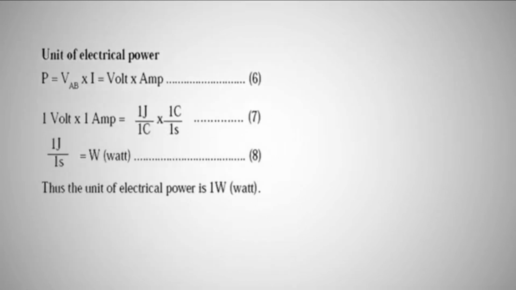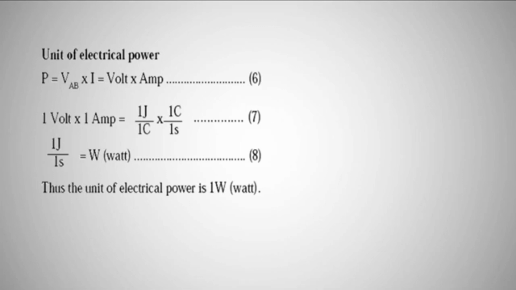Unit of electrical power. As we know, power P equals VAB into I, which is voltage into ampere. Thus, 1 volt into 1 ampere is equal to 1 joule upon 1 coulomb into 1 coulomb upon 1 second, which is equal to 1 joule upon 1 second, equivalent to watt.